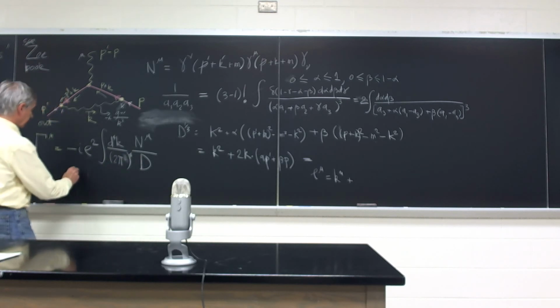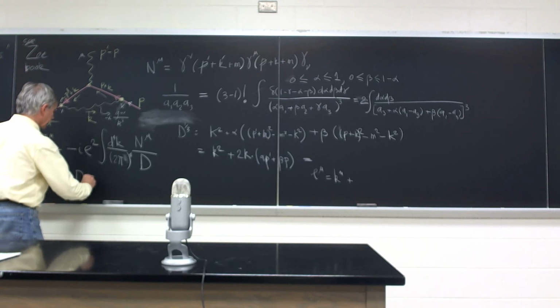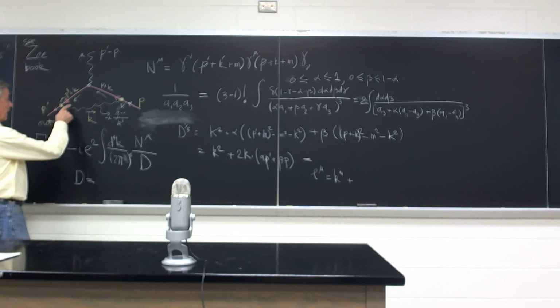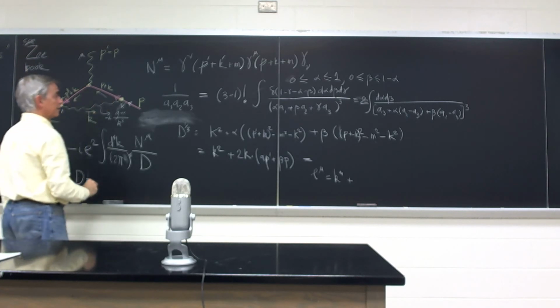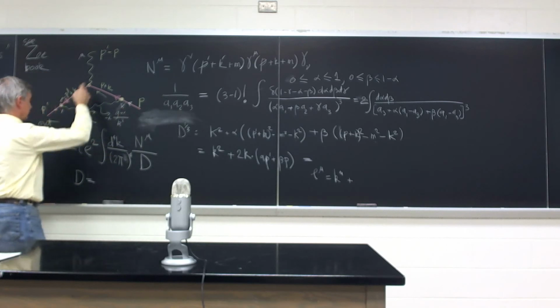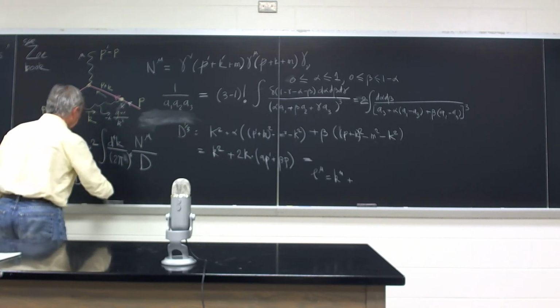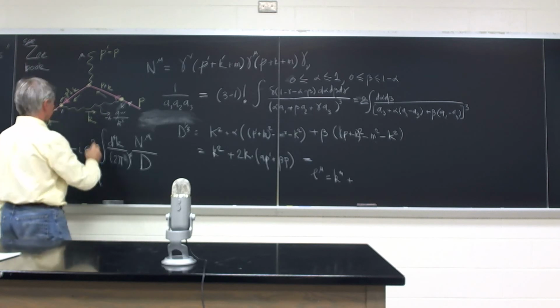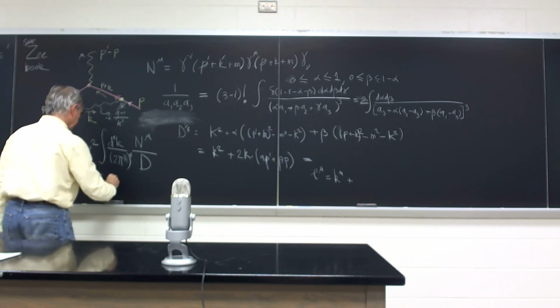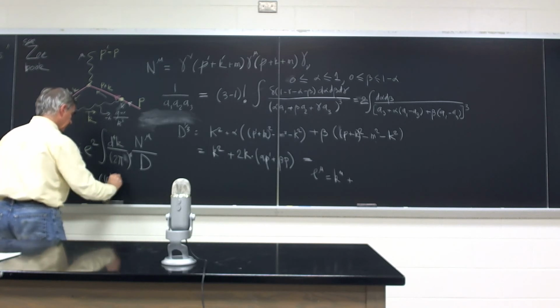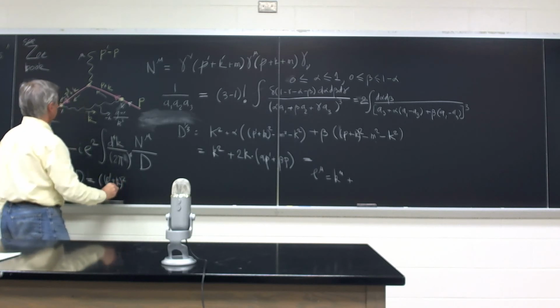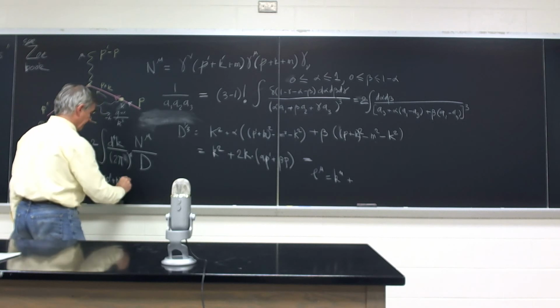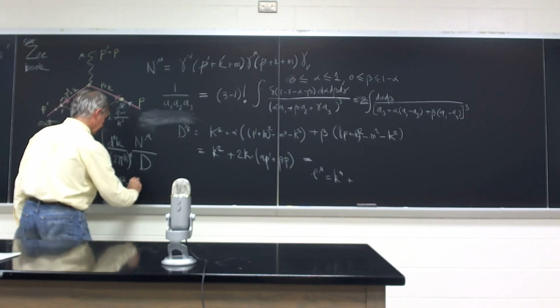Okay, let me write D in detail. D is the three denominators. The first one is p slash plus k, no slash, squared minus m squared.